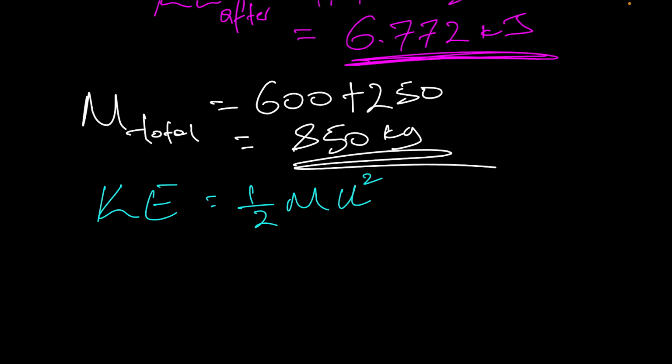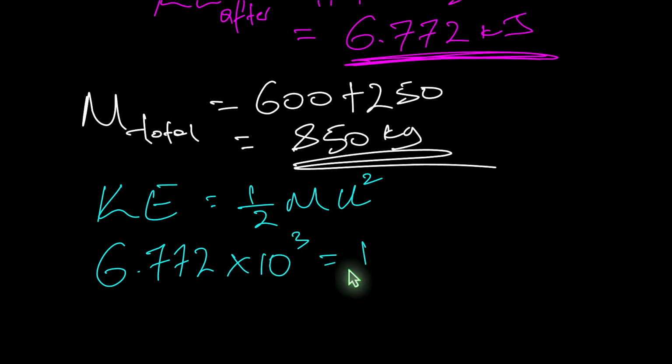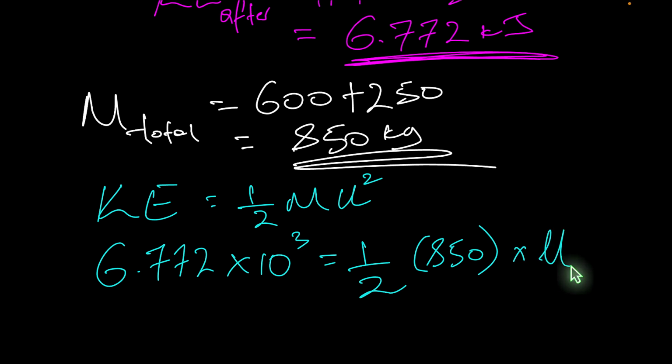So we have our kinetic energy, which was 6.772 kilojoules. So times 10 to the power of 3. That's equal to half. Now we're using our combined mass. So times by 850 times by the unknown velocity of both of these two. So times by u squared. So if we rearrange this quickly, then we get what the combined velocity is.